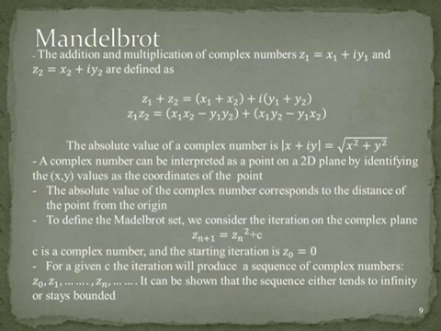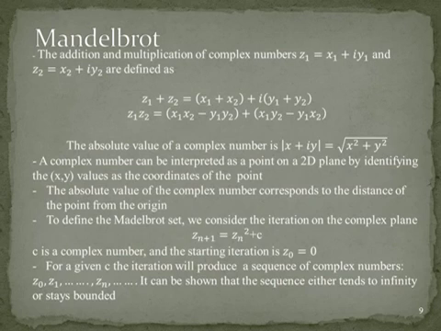z(n+1) equals z(n) squared plus c. C is a complex number, and the starting iteration is z0 equals 0. For a given c, the iteration will produce a sequence of complex numbers z0 to zn.